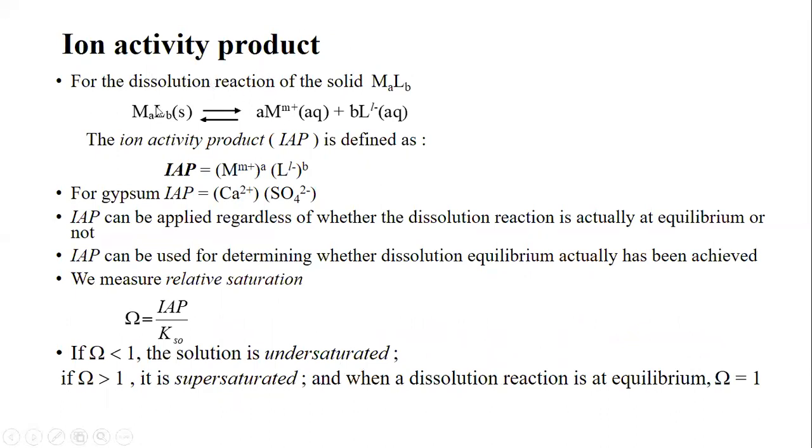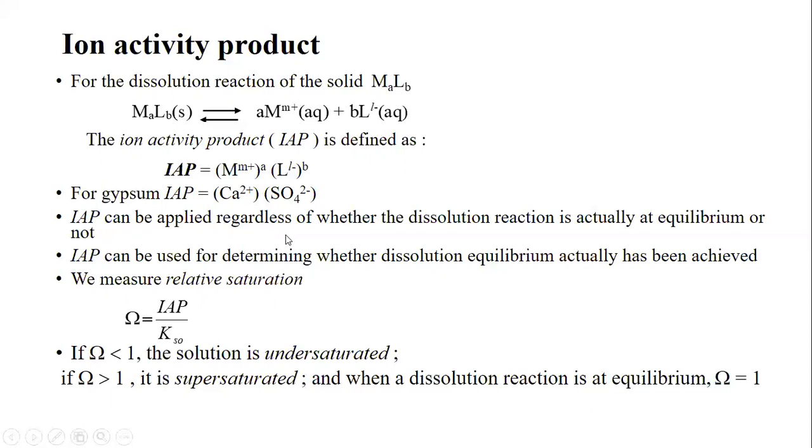If you take the same general compound MaLb and you write it down just like we did before, the ion activity product for this compound is defined as M, which has a valence of M plus, to the a, times L, which has a negative charge of L minus, raised to the power b. So for gypsum, we already saw that IAP will be calcium activity times sulfate activity.